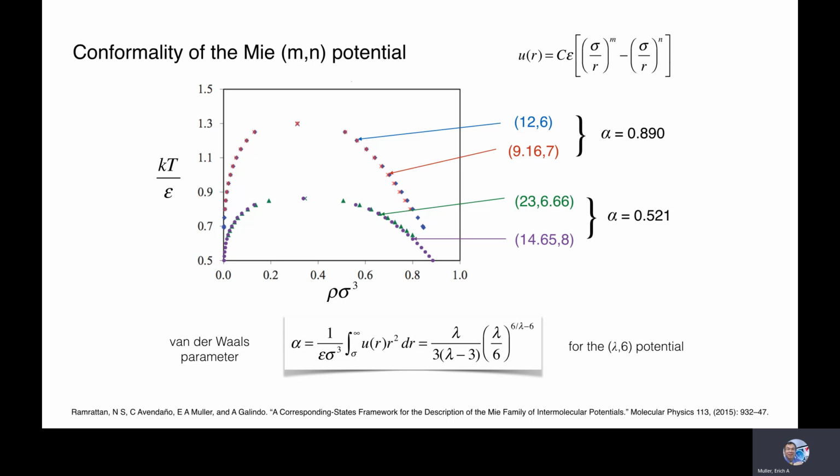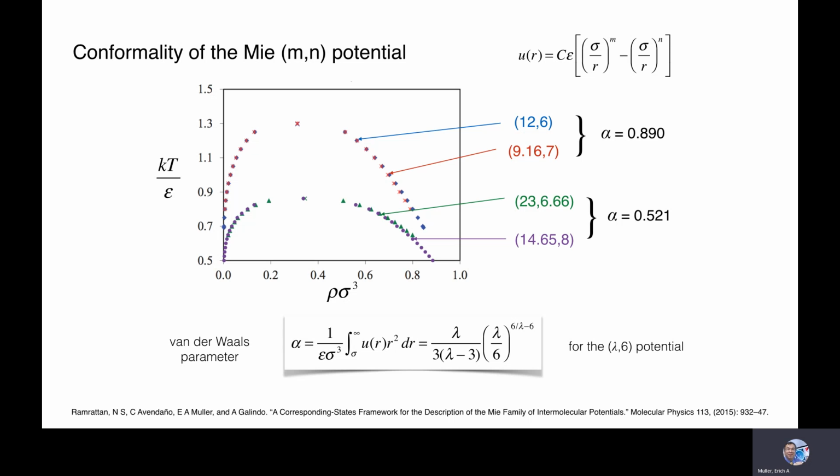Usually we fix the attractive exponent, n, here in this slide, to 6, which tends to be a reasonable suggestion in terms of the London exponents, and leave as the only adjustable parameter the repulsive part of the potential, in this case m, which we have symbolized as lambda.